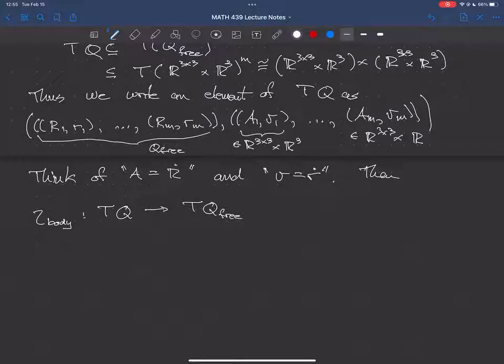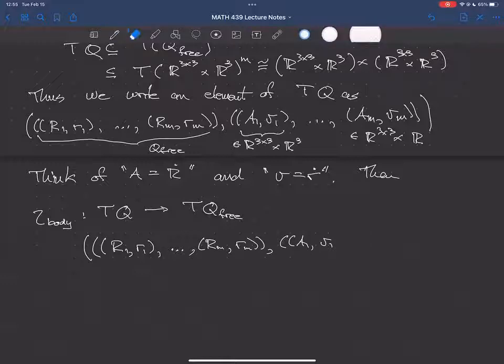And what is this map explicitly? Well, we've already decided that a point in TQ we can write like this. So let me write it all down again: R1, r1, up to RM, rM, A1, V1, up to AM, VM.